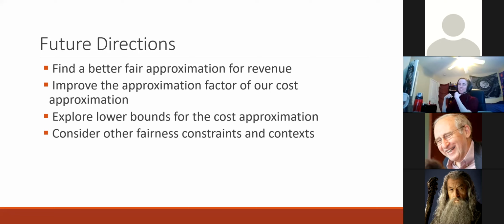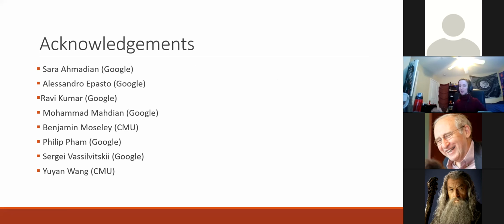So it'd be interesting to explore the lower bounds for approximating cost when we want to ensure fairness. There are also a number of other different fairness constraints and contexts, like looking at Euclidean problems. That would be interesting. So yeah, those are some ways you could build upon our work. Thanks for listening to my talk.